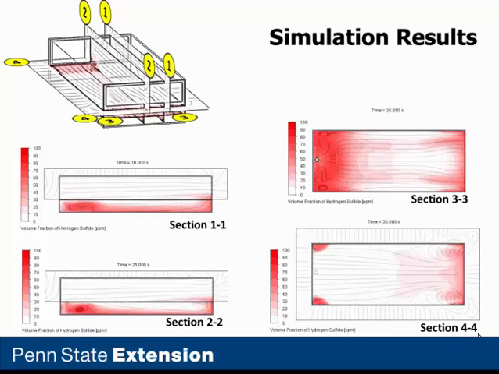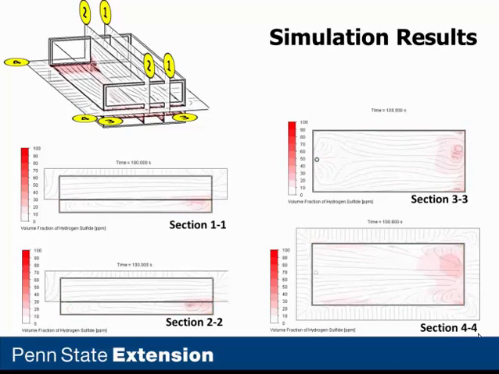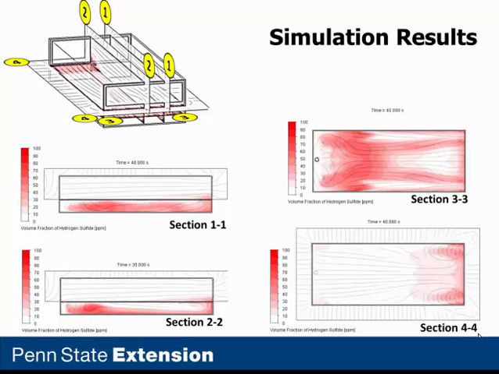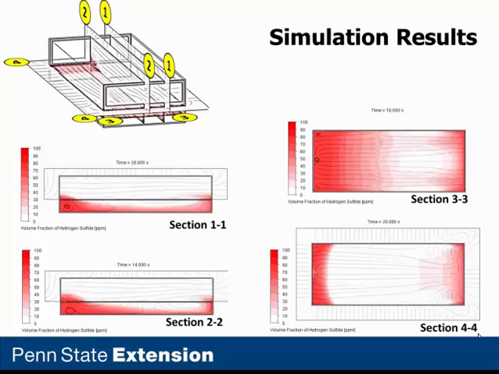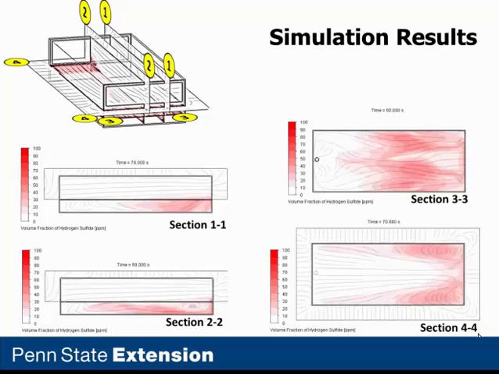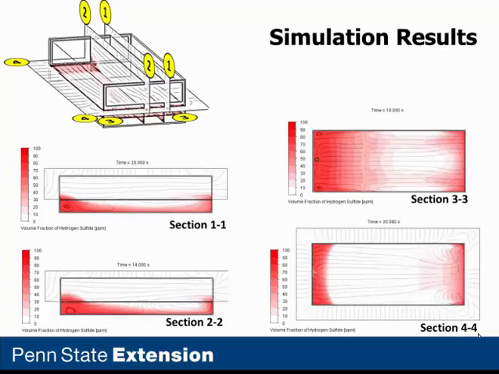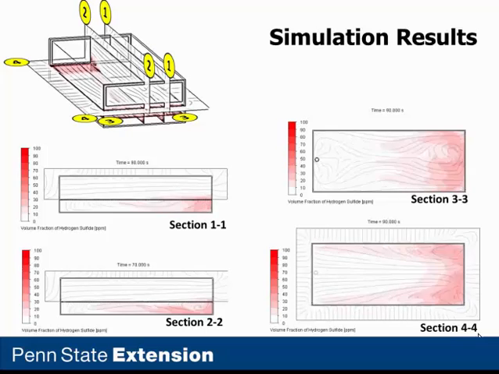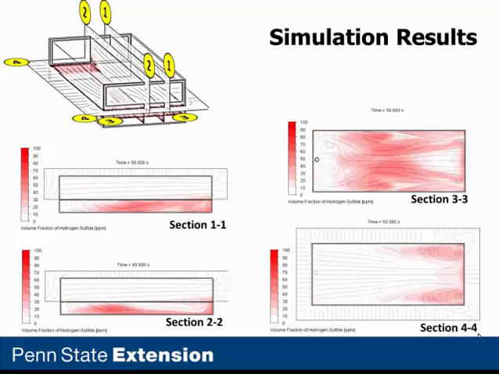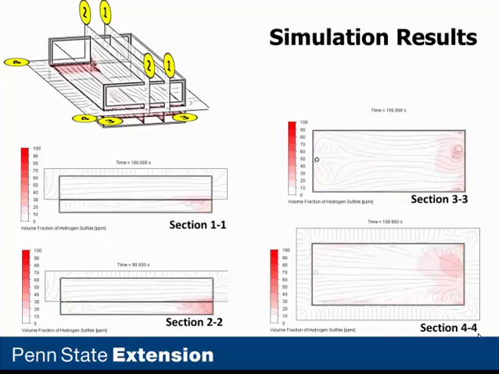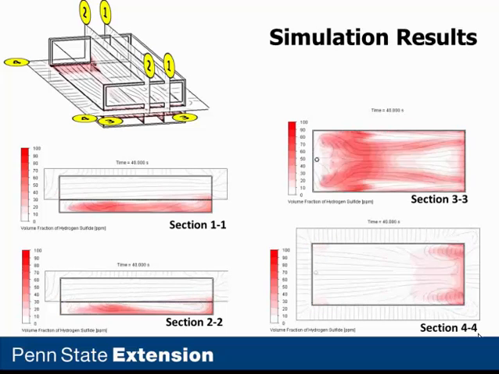Notice in the pit, in sections 1.1 and 2.2, and in section 3.3 rather, that the initial color is red everywhere in the pit, and then as we ventilate that pit, it gradually turns to white.